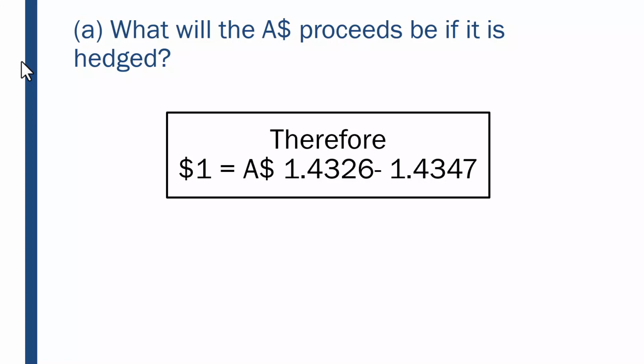If I have to buy, I have to pay more in terms of Australian dollars. This is a quote of which country? Australia. Because on this side it is written Australian dollar. This is the quote of buying $1 in terms of Australian dollars.